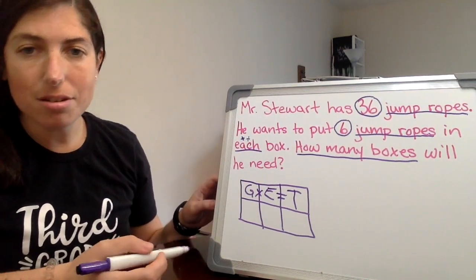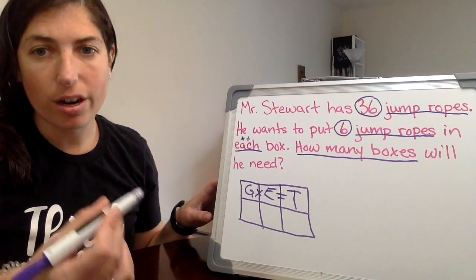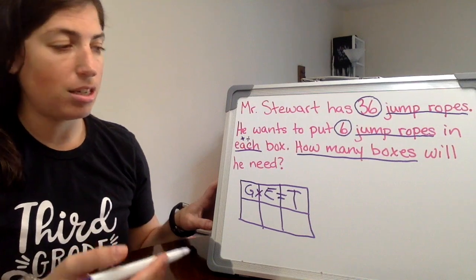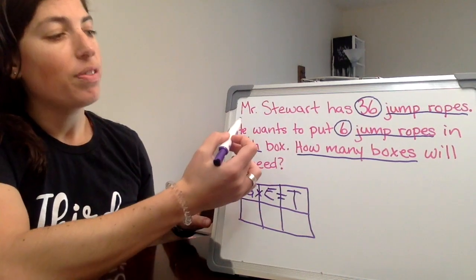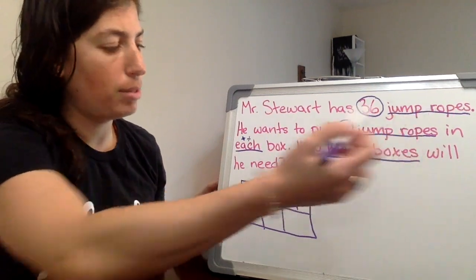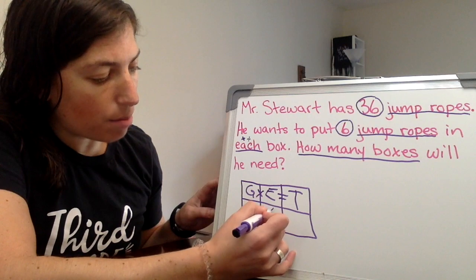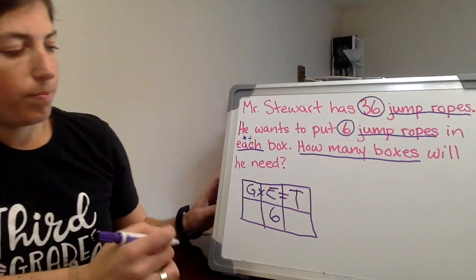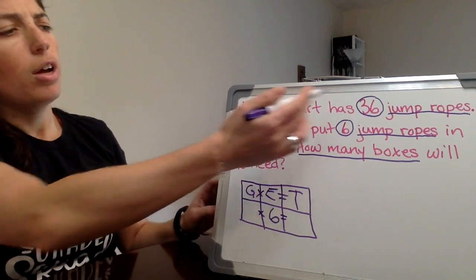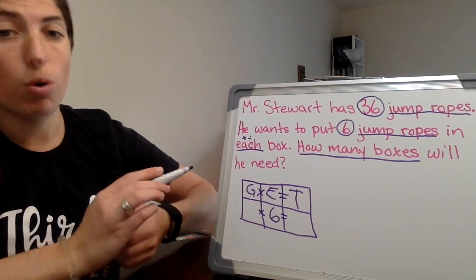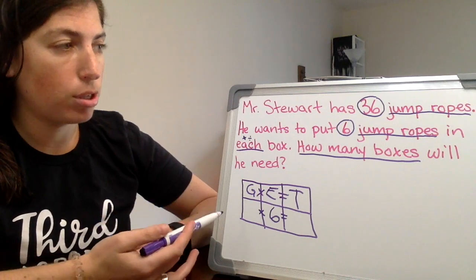I'm going to read the sentence that has the word each in it and see if there's a number in that same sentence. So here's my period. I'm going to backtrack. There's my capital letter. He wants to put 6 jump ropes in each box. Oh, I see a number. Okay. So that number is going to go in my each box. Okay. And then I need to ask myself, is 36 jump ropes my total? Or is 36 jump ropes my groups?